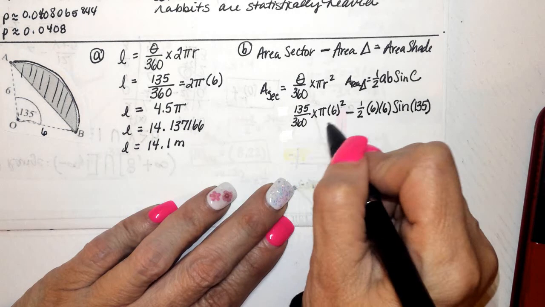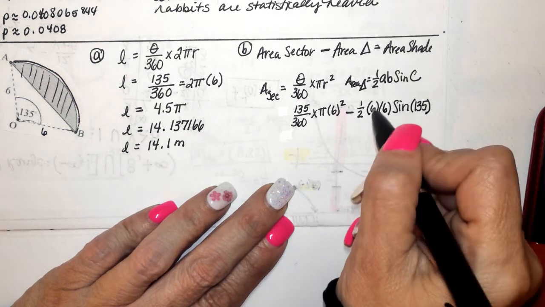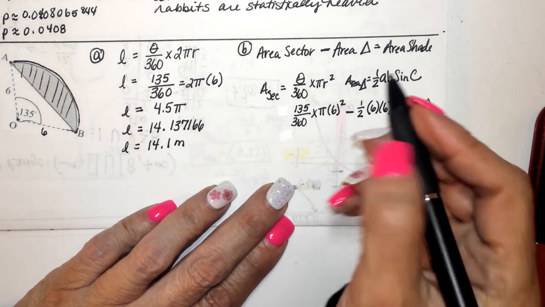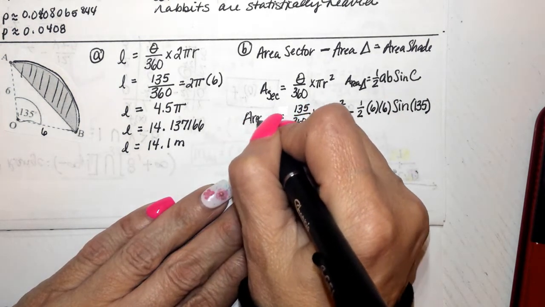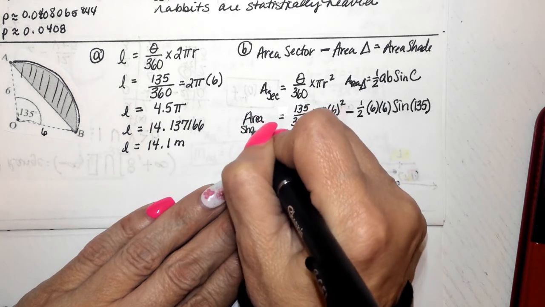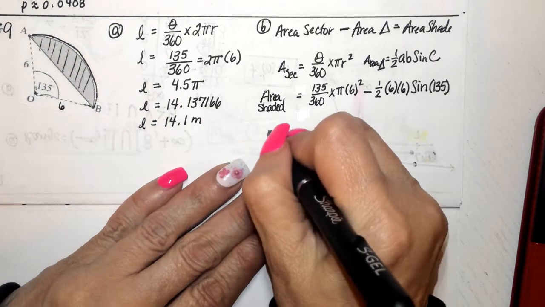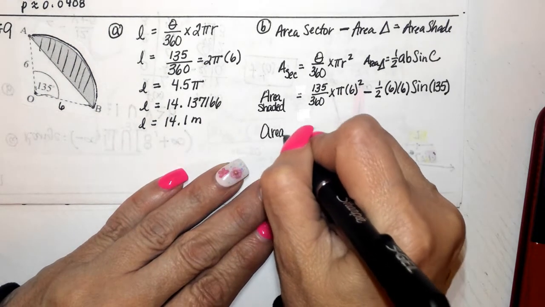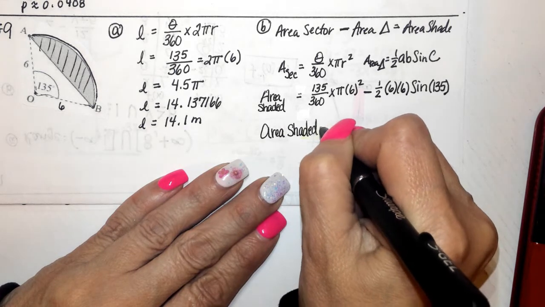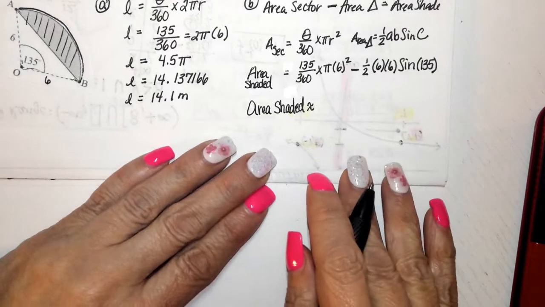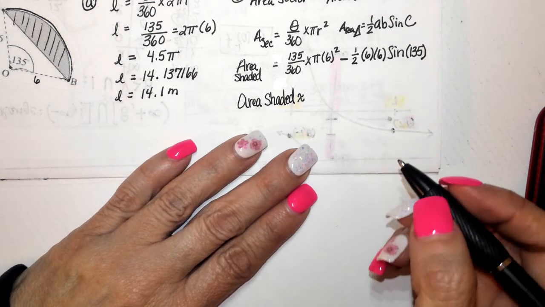So here's the area of the sector minus the area of the triangle. What's left is the area of the shaded. Okay, so here we go. The area of the shaded is approximately, because we're about to get into some pi and it's going to be a whole lot of craziness. Here we go.